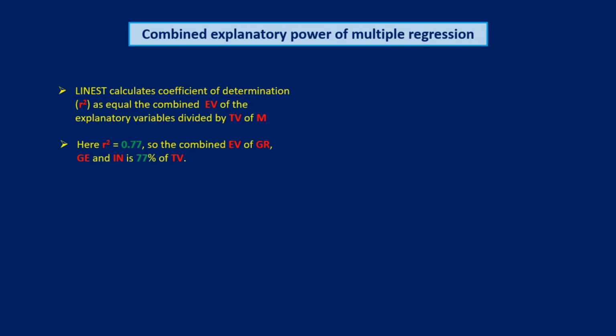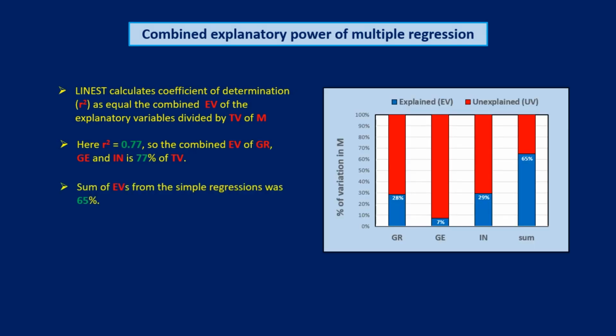Now recall that last week, when we added up the EVs from the three simple regressions, we found that combined they explained 65% of the total variation in m. But here, the multiple regression is telling us that the combined EV is 77% of TV.